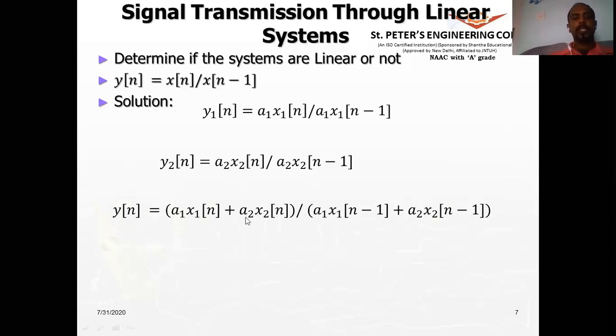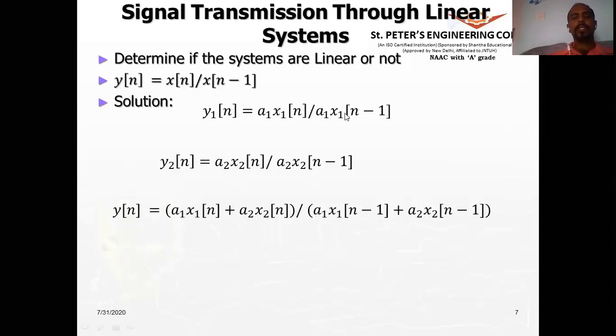And you know that this will be different. So if you split this, this will be a1 x1 of n divided by a1 x1 of n minus 1 plus a2 x2 of n minus 1, plus a2 x2 of n divided by a1 x1 of n minus 1 plus a2 x2 of n minus 1.